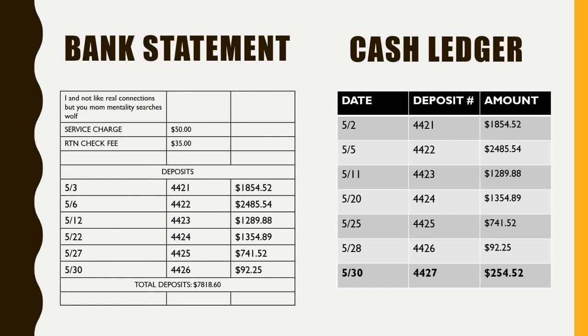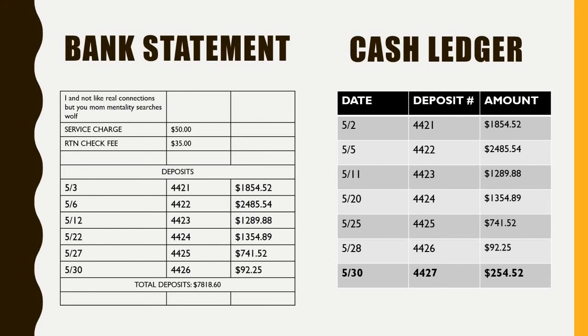Only 6 out of the 7 deposits I've made actually cleared. So your first bet is that it's probably the last one we deposited, because if you deposit too close to the end of the month, oftentimes it will not clear until the following month.